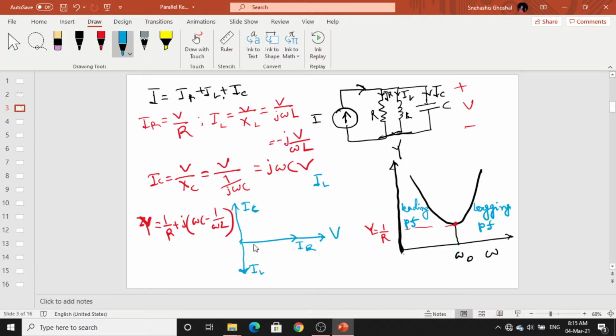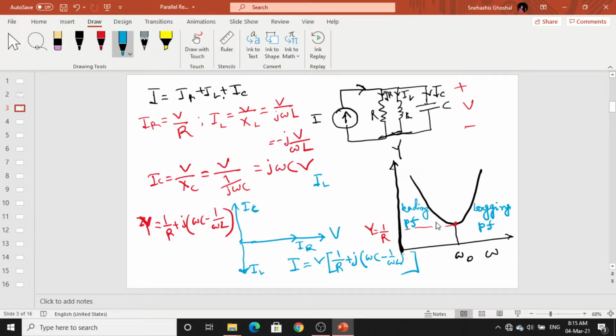We are concerned about the phasor diagram only, and in the phasor diagram we know that I equal to V, take a common, 1 by R plus take j common, so there will be omega C minus 1 by omega L. That is the scenario.